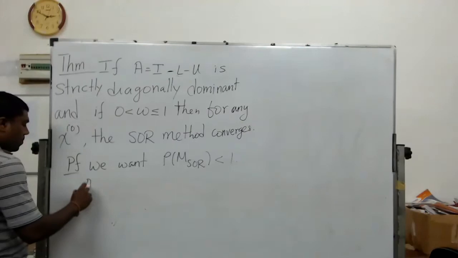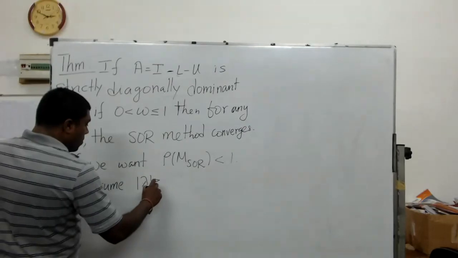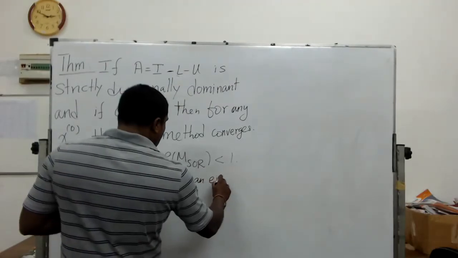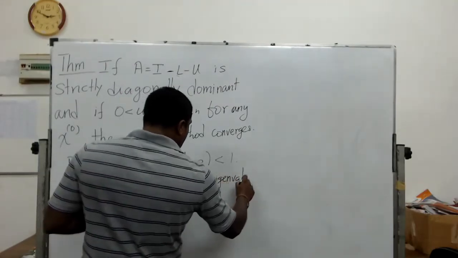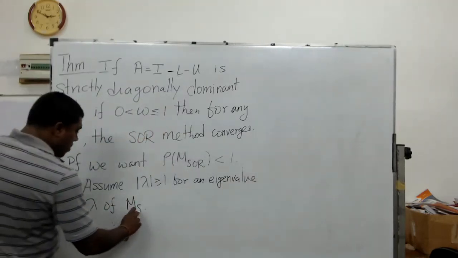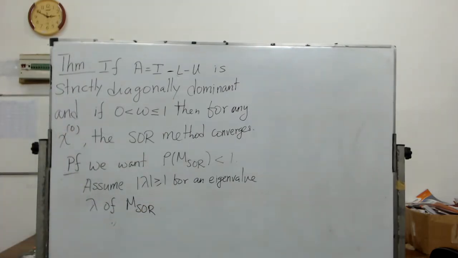So let us assume that an arbitrary eigenvalue lambda of the iterative matrix of the SOR method is greater than or equal to 1.